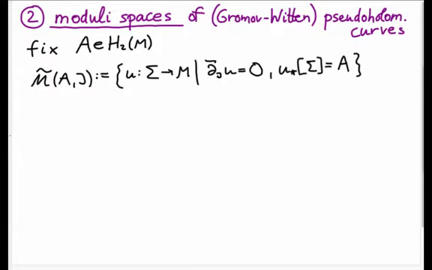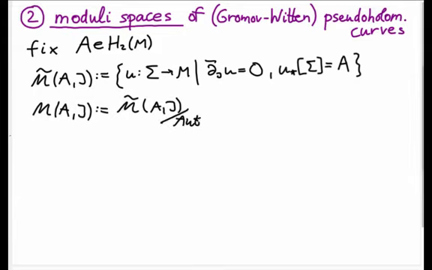On this space of maps I have the action of the automorphism group. So there's a moduli space of pseudoholomorphic curves, which is this quotient. And then what we often like to do is compactify that moduli space.